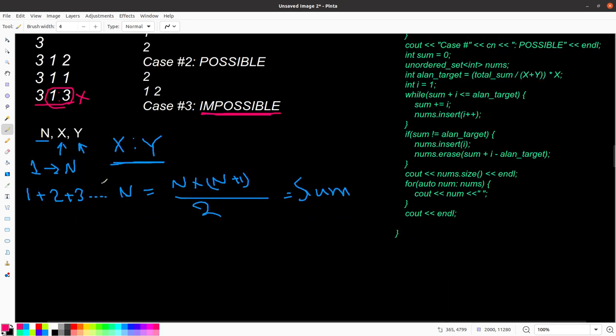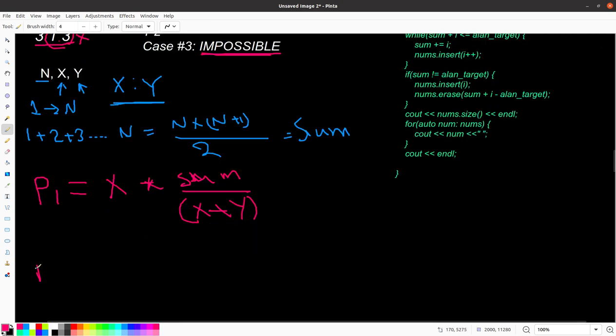Now how can we solve this problem? First of all, for person 1, the summation required based on the ratio given is x multiplied by the total sum divided by x plus y.